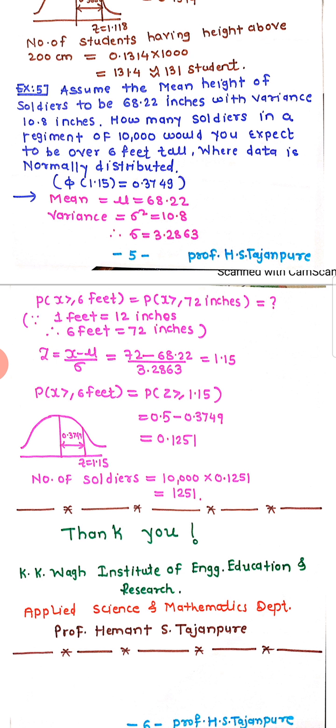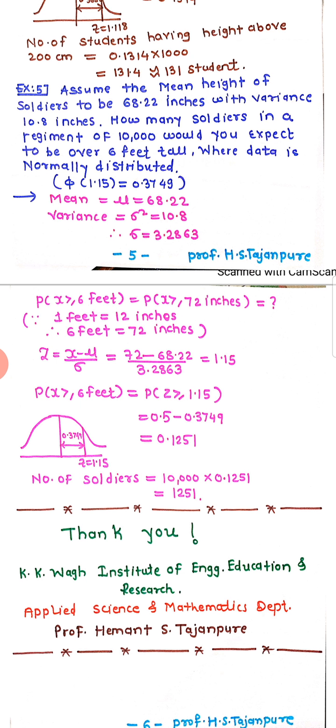Now we have to find the probability of x greater or equal to 6 feet. 6 feet, you just convert that into inches, so it is equal to 72 inches, because 1 foot is equal to 12 inches, so 6 feet will be 12 into 6, that is 72 inches.